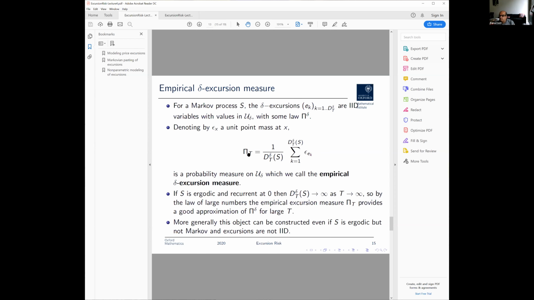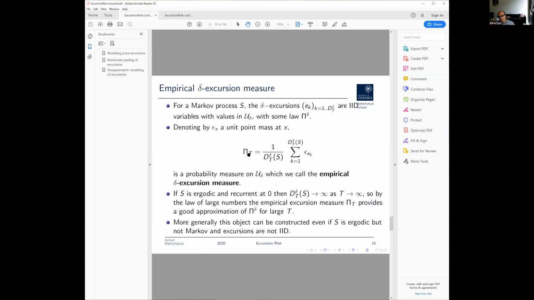Can I say, for example, that if the law of the delta excursions converges to some limit, then the law of the process I'm constructing converges to the law of some limit process whose excursions are described by the limit pi? If yes, in what sense does it converge? Is it weak convergence? Is it some other type of convergence?